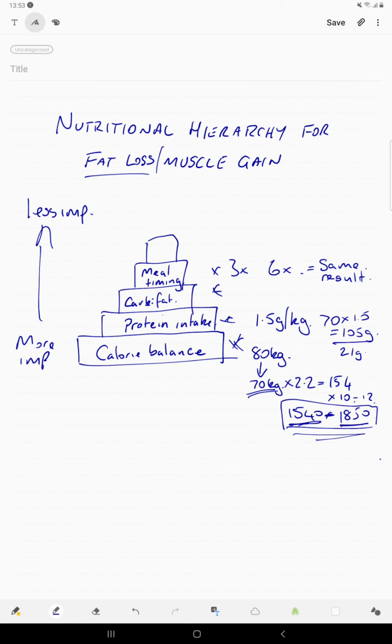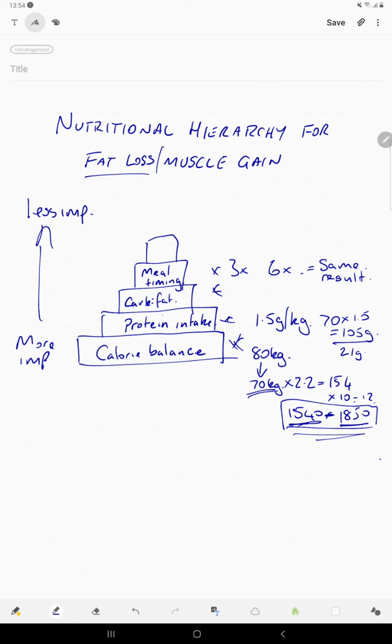If you follow an intermittent fasting protocol where you only eat between, say, 12 and 8 p.m., but you get ridiculously hungry at 9, then you're not going to be able to stick to the plan. So setting up your meal timing, your meal frequency to suit your lifestyle, your preferences, and your needs will give you a far greater adherence than you would trying to shoehorn yourself into someone else's idea of an ideal diet.